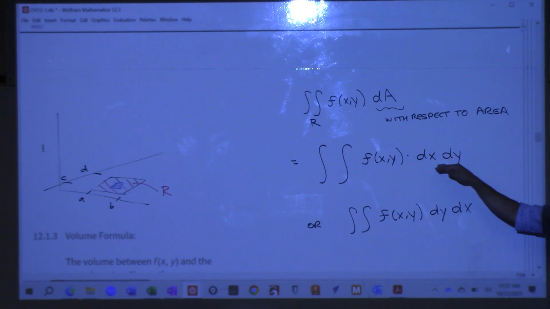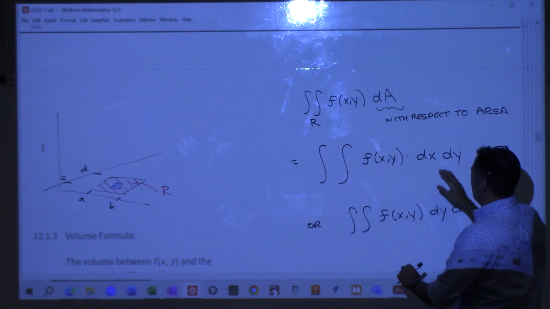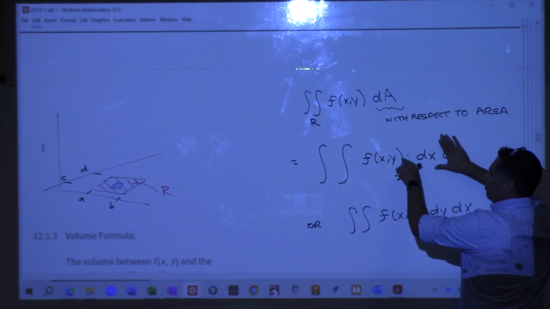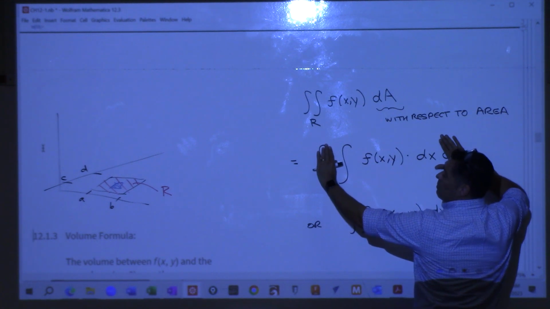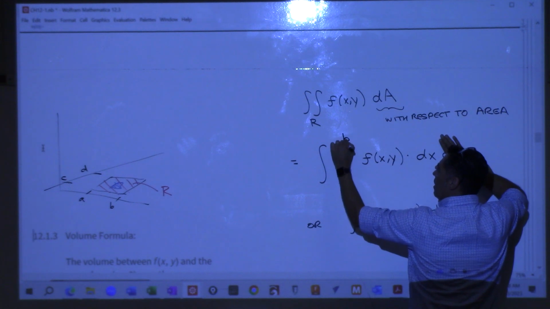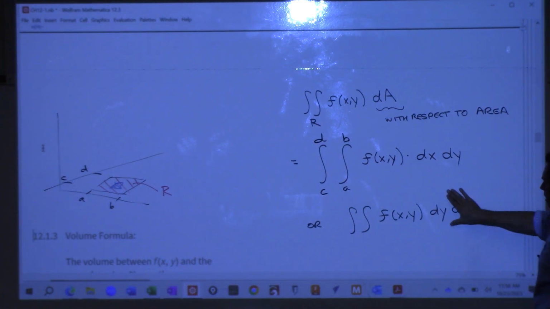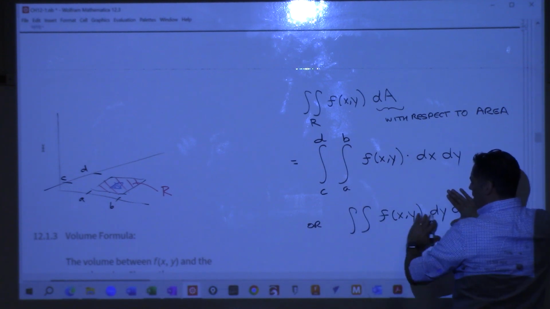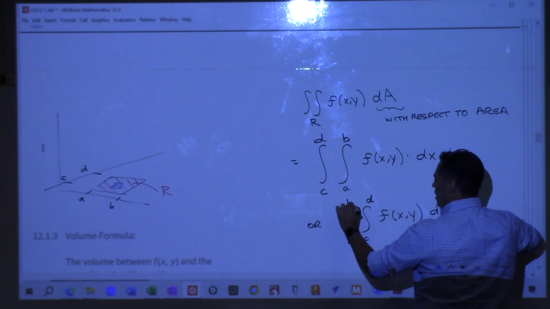But when you switch this order, it switches your limits of integration. So if I ignore this, we're doing it with respect to x on the inner integral. What's our limits of integration on x? A to B. So I put A to B here, and then C to D here. Now in this one, I'm doing it with respect to y first, so C to D goes here, and then A to B goes here.